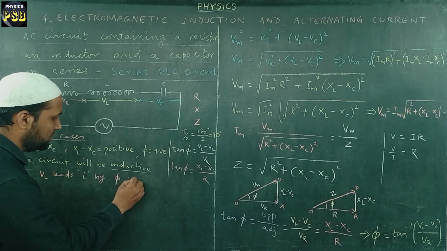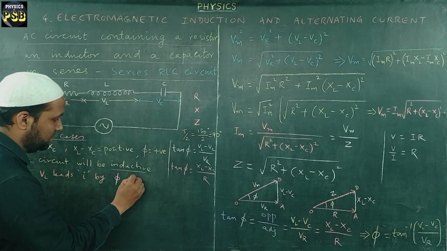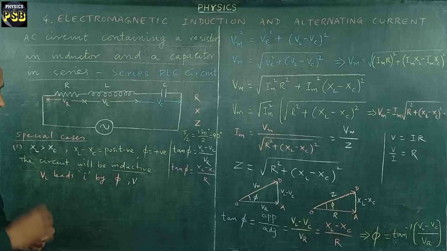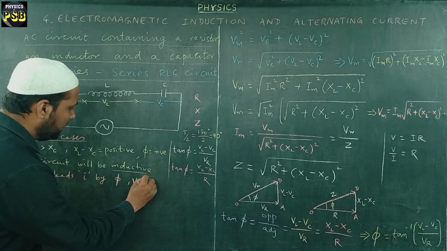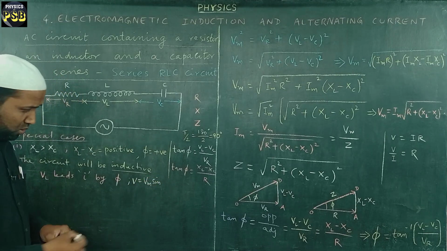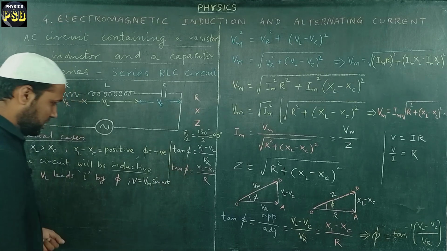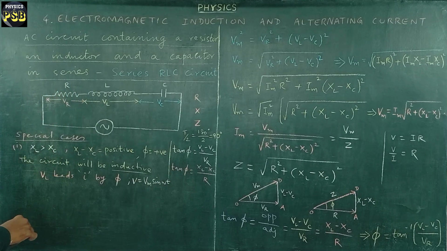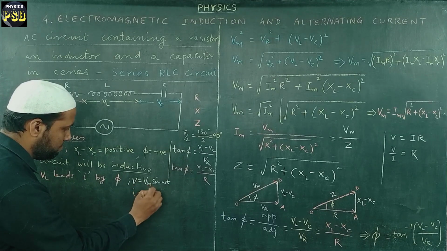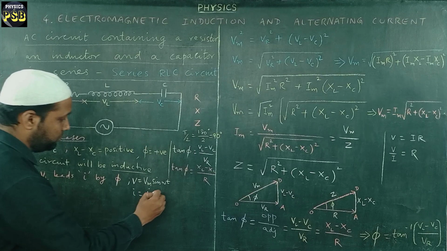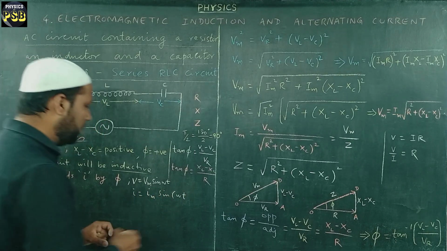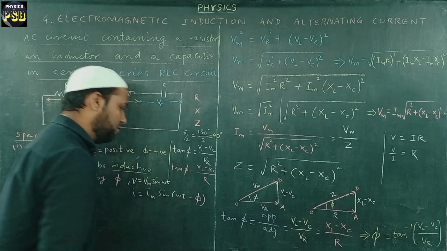First, V is equal to Vm sin omega t. Then I is equal to Im sin of omega t minus phi.